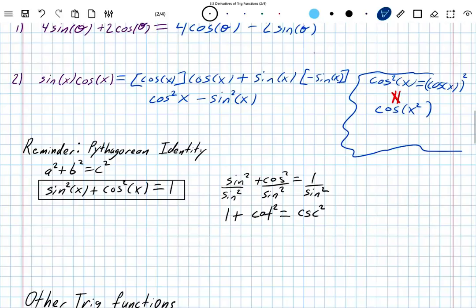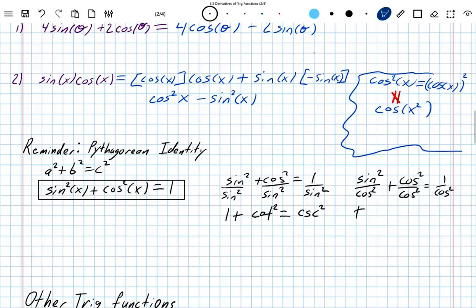I don't really memorize it. I just memorize the Pythagorean identity, and then I divide to remind myself. In fact, we could do this again, but instead of dividing by sine squared, I could divide by cosine squared. And you could probably see where this is going. Sine squared over cosine squared, that's sine over cosine all squared.